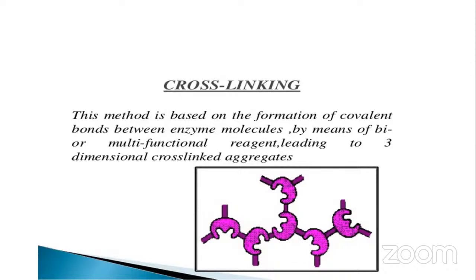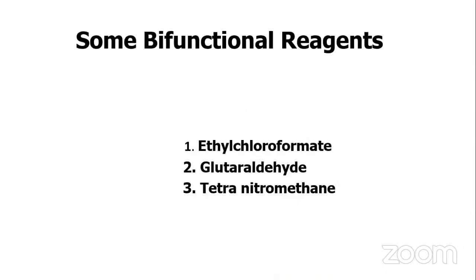When you cross-link protein chains, they are no more soluble because the size increases, aggregation occurs, and therefore they become water insoluble. So you can filter them, wash them, pack them into a column, and you will get essentially immobilized enzyme, but by cross-linking. What kind of reagents can you use? I have mentioned here three of them, very popular: ethyl chloroformate, glutaraldehyde.